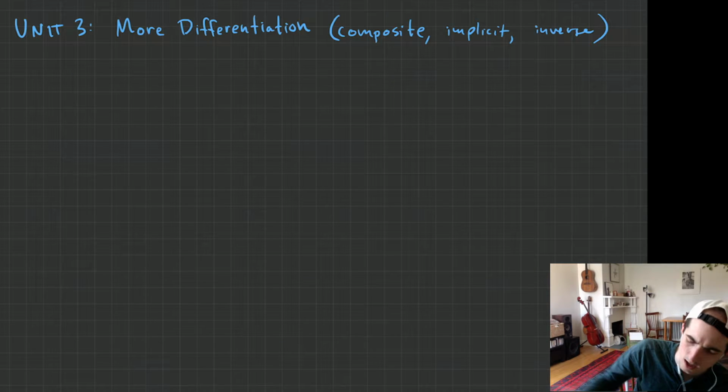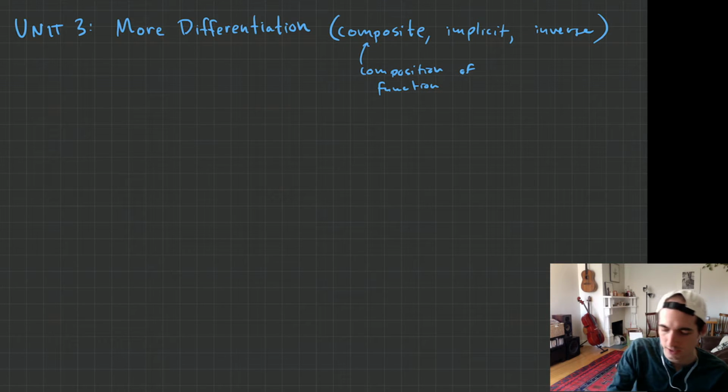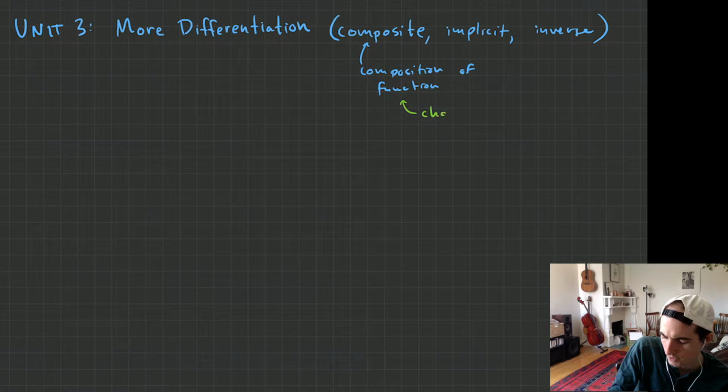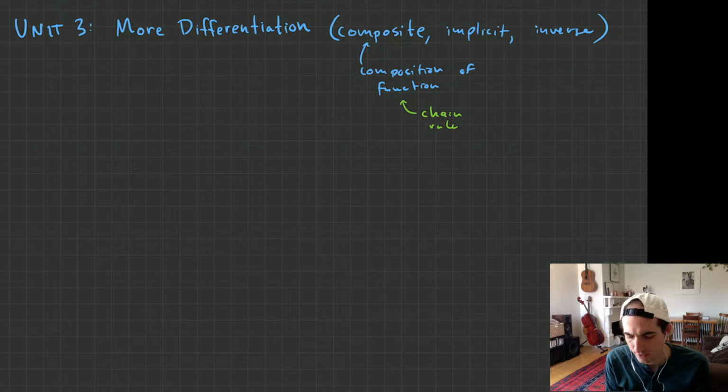They talk about composite differentiation, which is the composition of functions. When you differentiate the composition of functions, we use the chain rule.